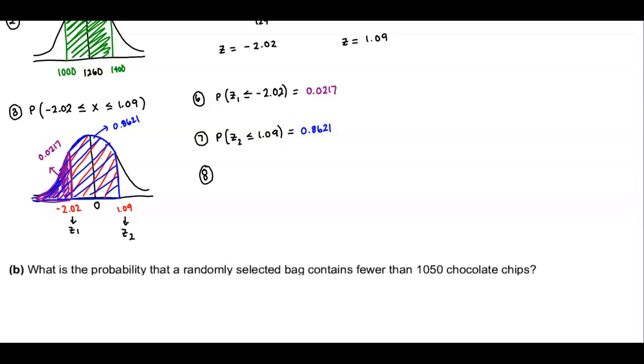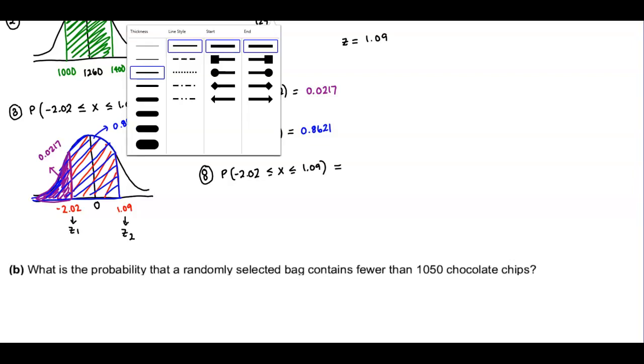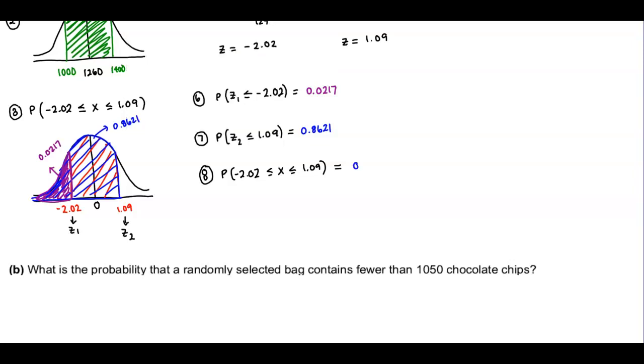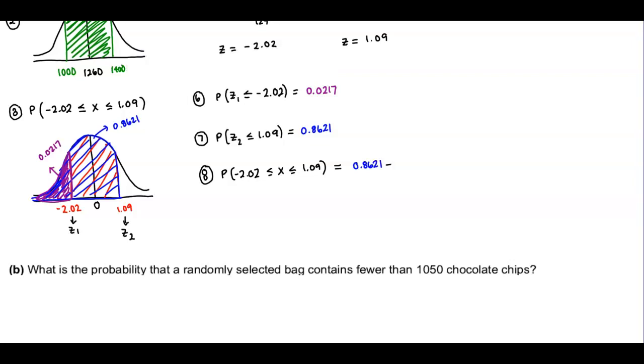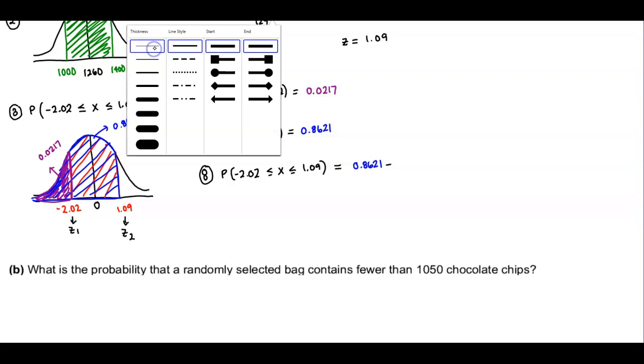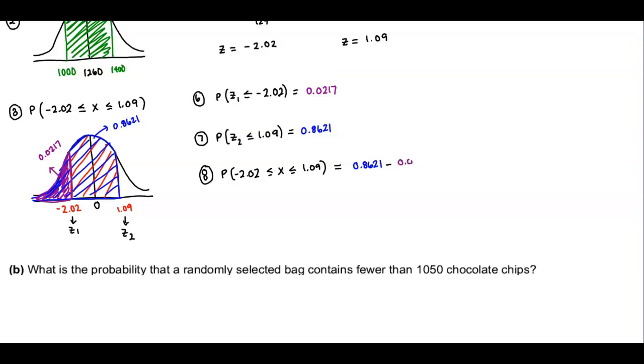Now, in order to find the area that's in between, if we want to find the probability that x is in between negative 2.02 and 1.09, we need to take the area of the blue, which is 0.8621, and then subtract the area of the purple, which is 0.0217.